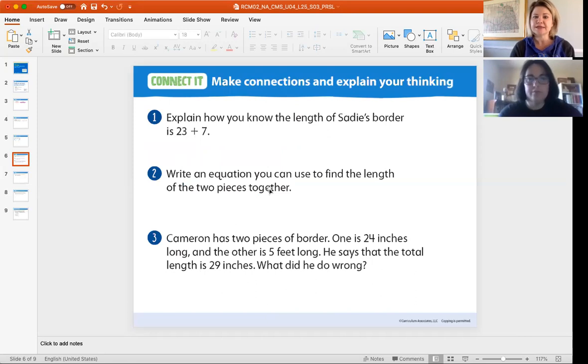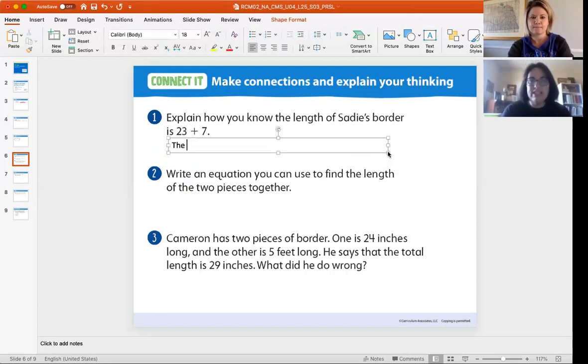connect it. Number 1 says, explain how you know the length of Sadie's border is 23 plus 7. So we know because of that word longer, right, that we had to add, because that gave us the key, that was our key word. So I think when it says 7 inches, the word longer, it told us we had to add.